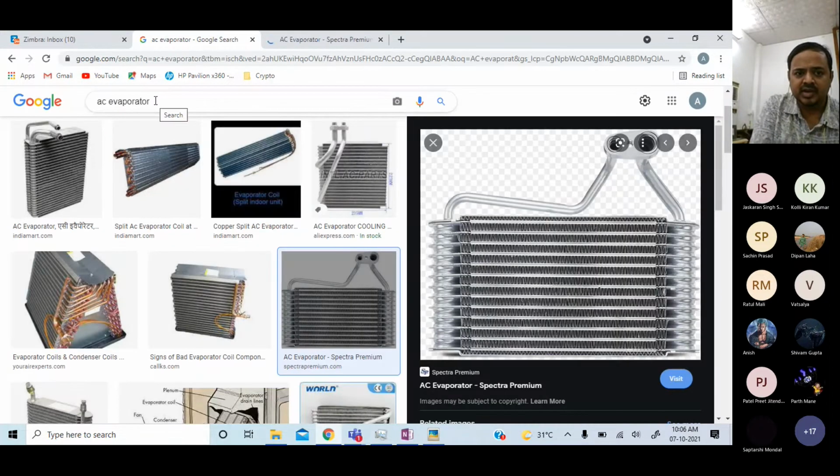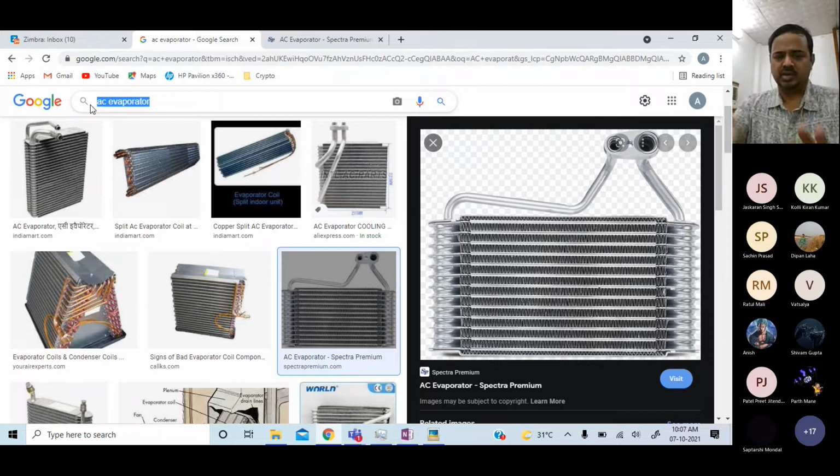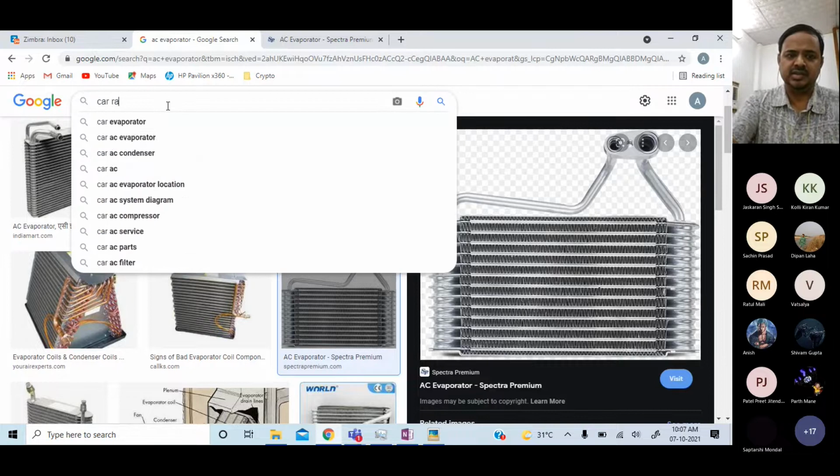The condenser, if you look outside the split AC, also looks very similar. The sizes and form may be a little different, but essentially again copper coils and fins through which air comes out.